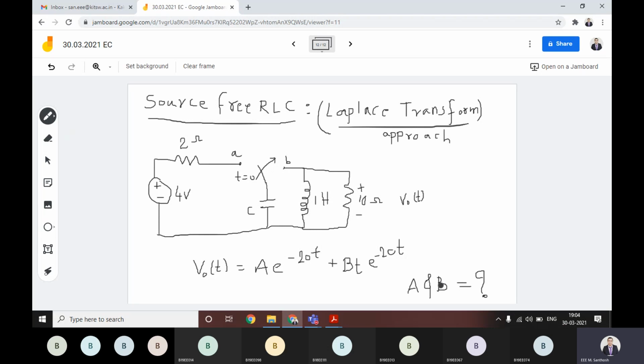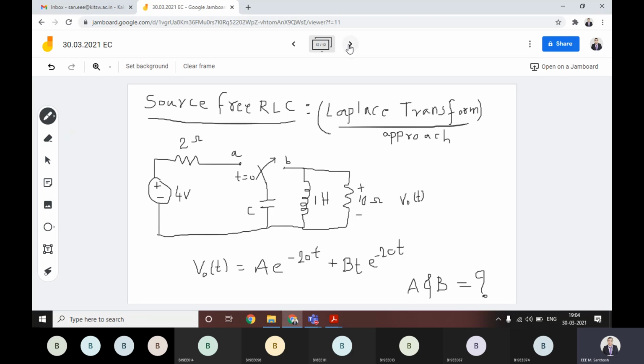At t is equal to 0 minus, how will this circuit look like? Zero minus means steady state, right?